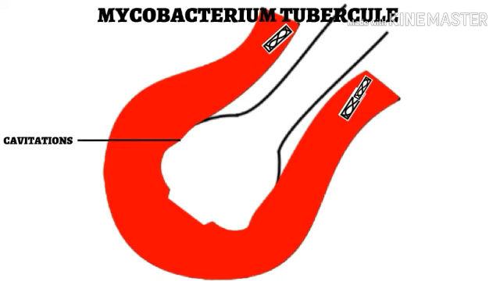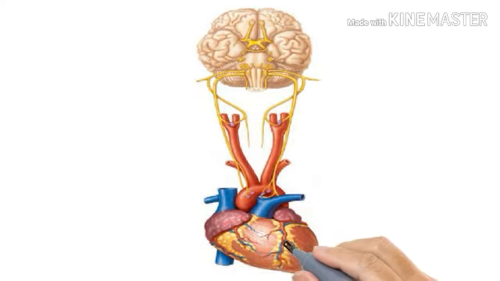All the body organs are connected by blood, so there is no organ that is not getting blood supply from the heart. So when the heart pumps blood, the Mycobacterium tubercle travel to distant organs.